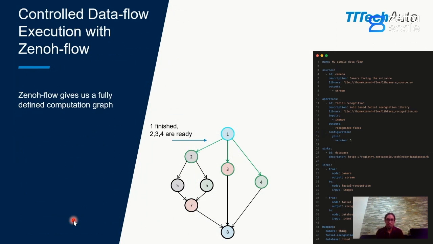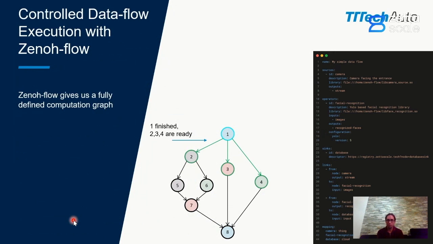The first thing is you can now take this graph and control the execution through the graph. So you take this input definition, you build up your whole graph, and then you know if a certain node finished, which ones are the ones that should execute next.